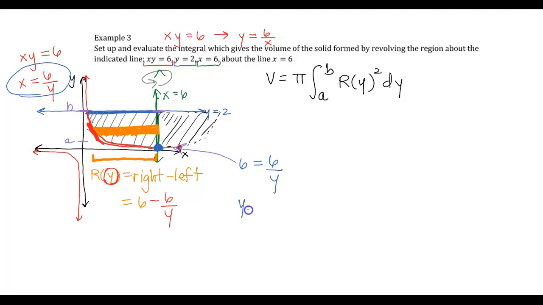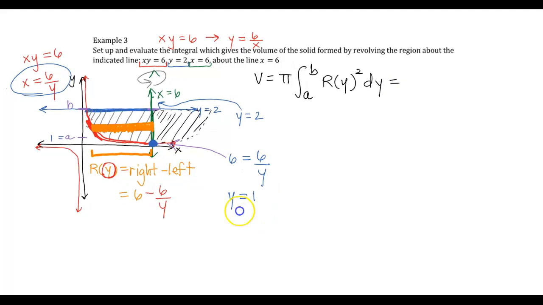Solving that tells me that y is equal to 1. So this is not drawn to scale, but our lower limit here is 1. Let's find the upper limit of our integration. To find the upper limit of this integration, it happens simply at 2, right? That's at the horizontal line of y is equal to 2, so we don't really have to do any work for that. So now we can proceed with evaluating our integral.